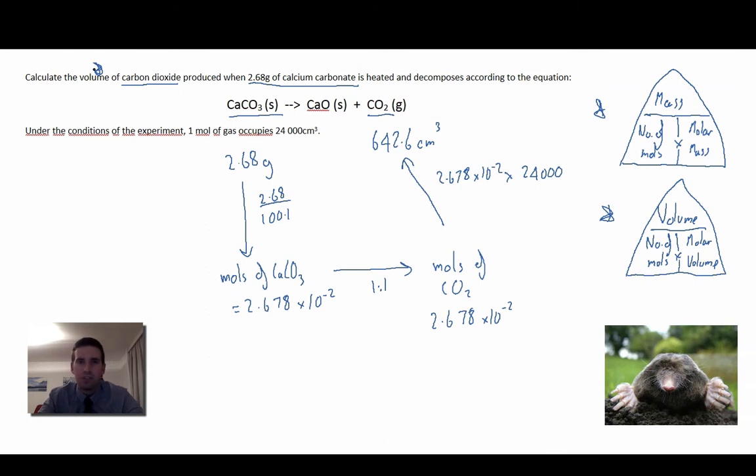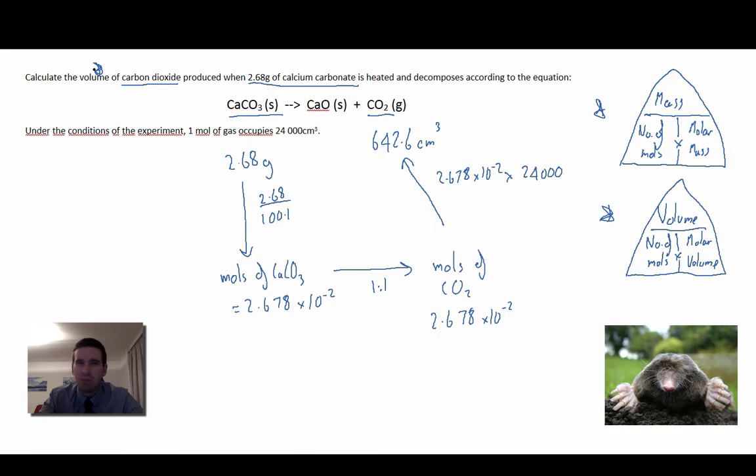So even though we needed to use the two different types of triangle, hopefully you can see it's a very, very similar process to everything we've looked at so far. You write down the information you have, you work out the moles of the chemical you have, you then use molar ratio to work out the moles of the chemical you want, and then you just find out either the mass or the volume.